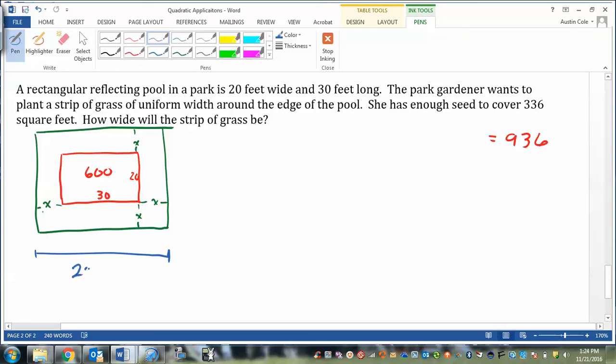So this dimension is 2x plus 30. What's our vertical dimension here? 2x plus 20. So if I want to find the area of the whole thing, I would take 2x plus 30 times 2x plus 20.